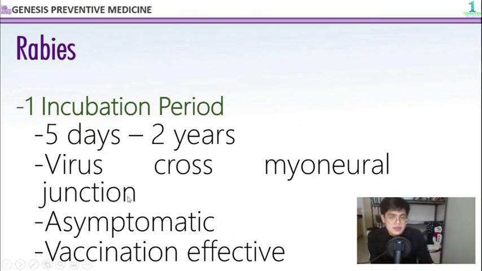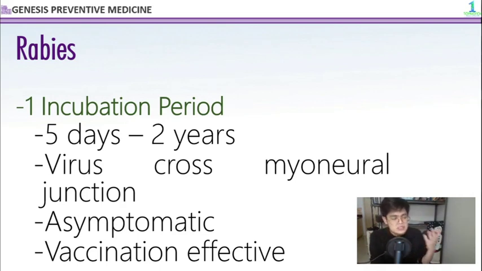Okay, and in this stage, the patients are asymptomatic, and again, it's the only time wherein vaccination is effective. Whenever a patient goes into the second phase and the latter phases of the rabies infection, vaccination is attenuated in effectivity, and in the late stages, vaccination is almost useless at that point.